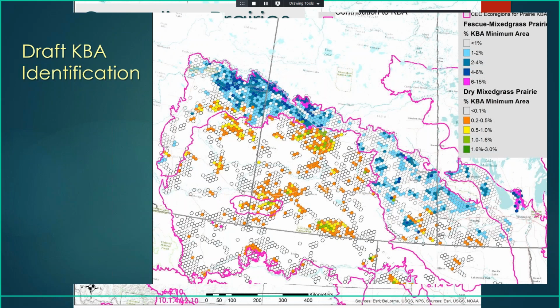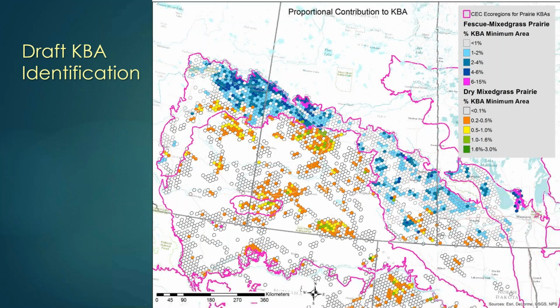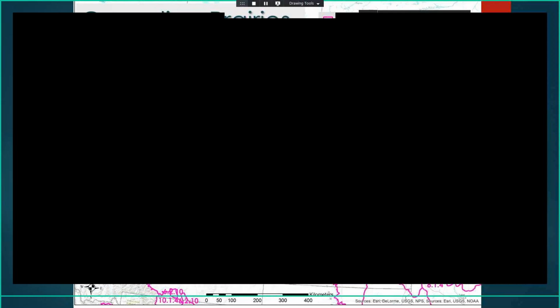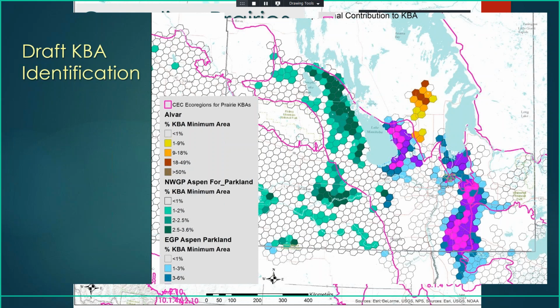Given the nature of this landscape overall, we have relatively few options to meet the KBA criteria. We went through a bit of a manual assembly process to look at each of the components and clusters and combinations of types to see what places might lead us there.